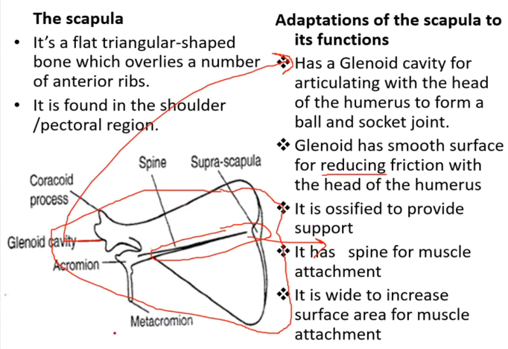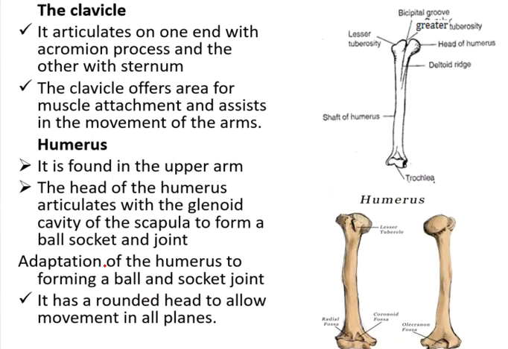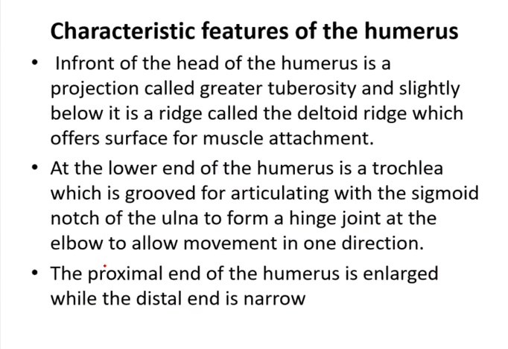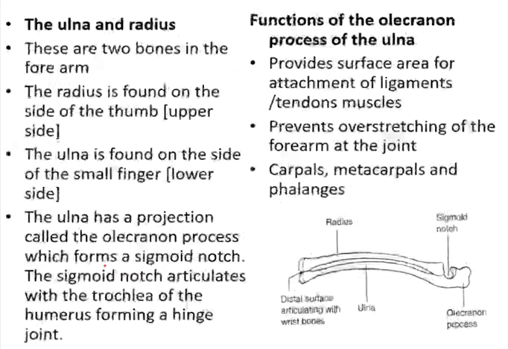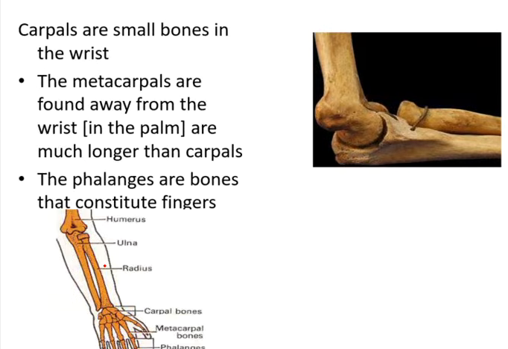Then we also have other projections. For example, here the metacromion under the acromion, and basically the metacromion increases surface area for attachment of muscles. Then this acromion articulates with the clavicle, which allows movement at the shoulders.